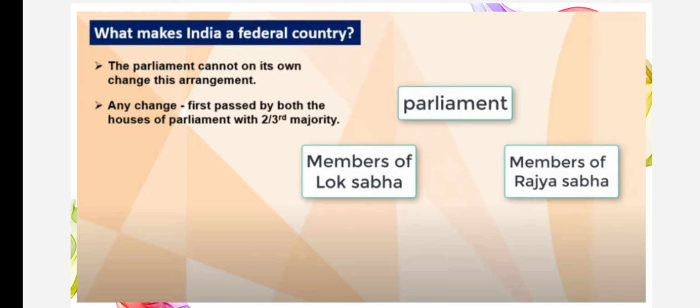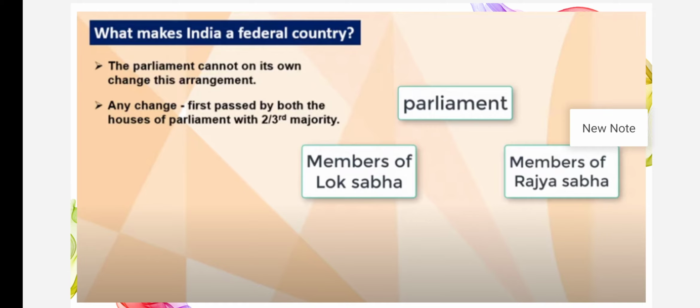Now, if we want to bring any change, first of all, it has to pass in both the houses of the parliament with a two-third majority. So this is the first step to bring a change in the constitution. Then it should be ratified or accepted by the legislatures. When I say legislature, it is the law-making body.